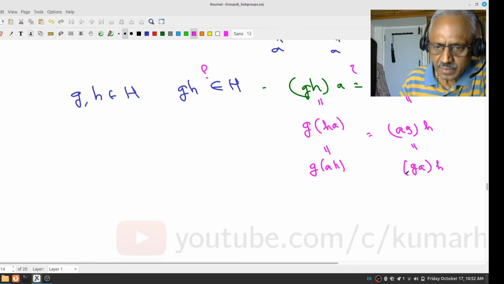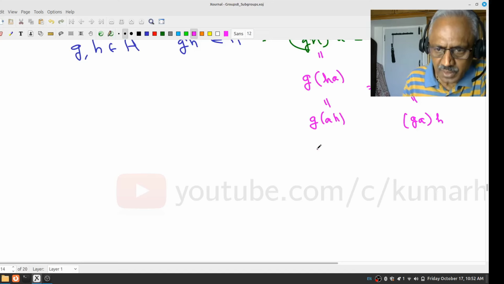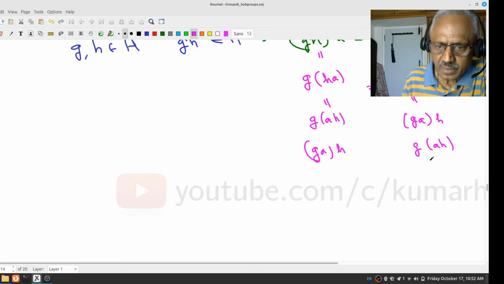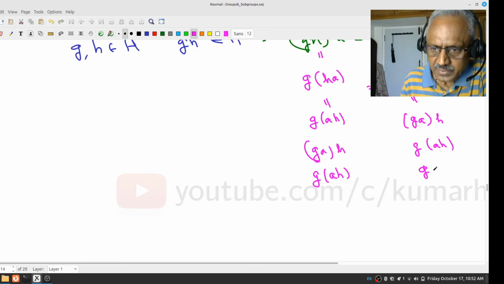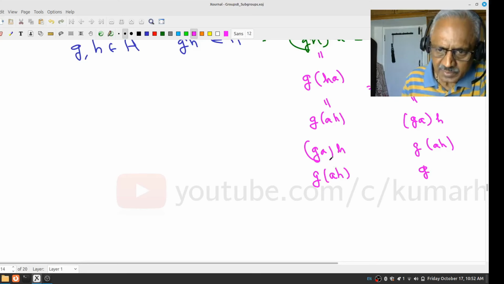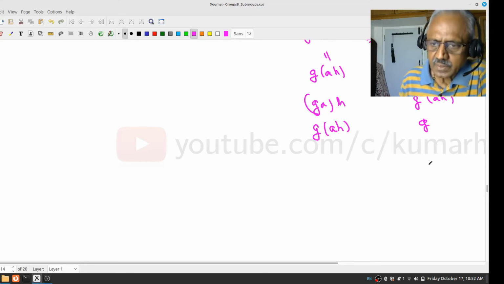Now I can use the associative law, therefore it is gA times h, and this is g times Ah. Now again I use the associative law. This is g times Ah. Right? This is okay.